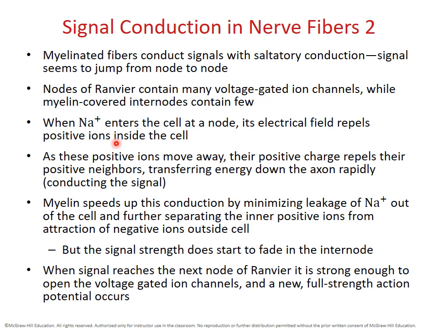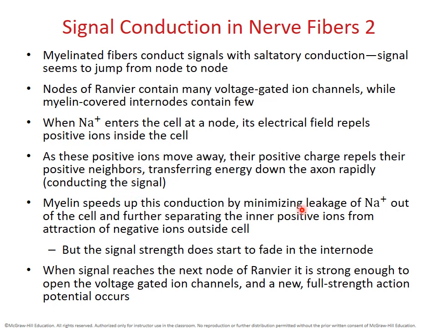So these sodium ions that are injected during a single action potential start to spread and diffuse within the cell just as in an unmyelinated fiber, but their concentration doesn't diminish as rapidly as it would in an unmyelinated fiber because of the sheath preventing the loss of sodium.